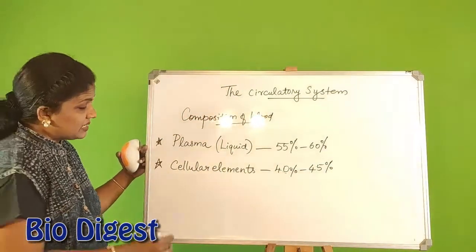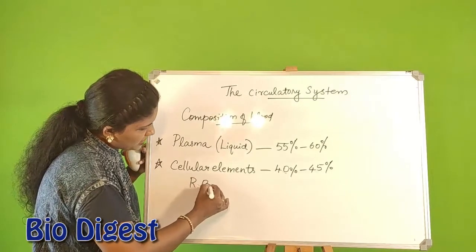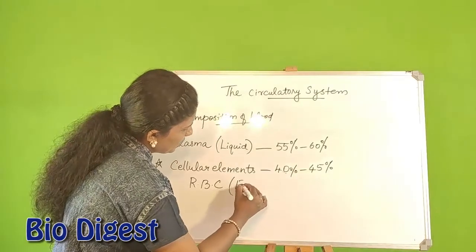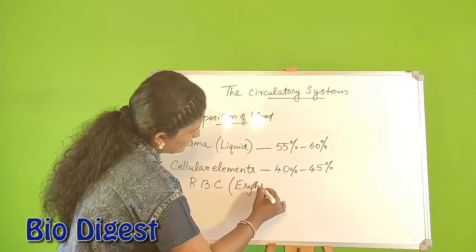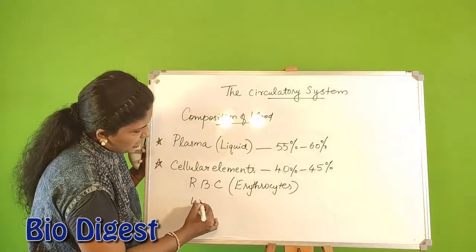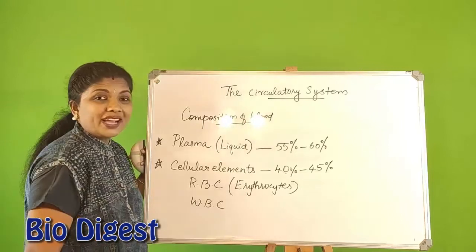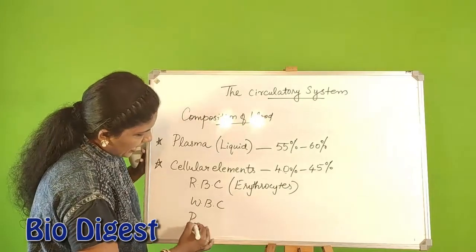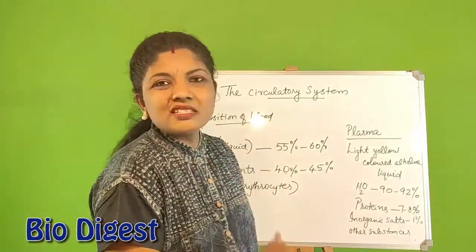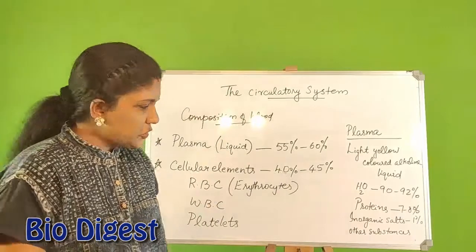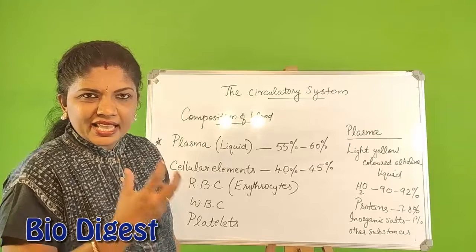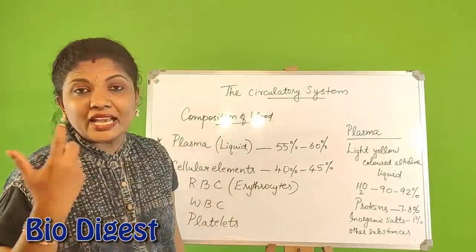The cellular elements include RBC, that is red blood cells, otherwise called erythrocytes, WBCs, that is white blood cells, and blood platelets. Now what is plasma? I told you that it is the liquid part of the blood. It is a light yellow colored alkaline liquid.